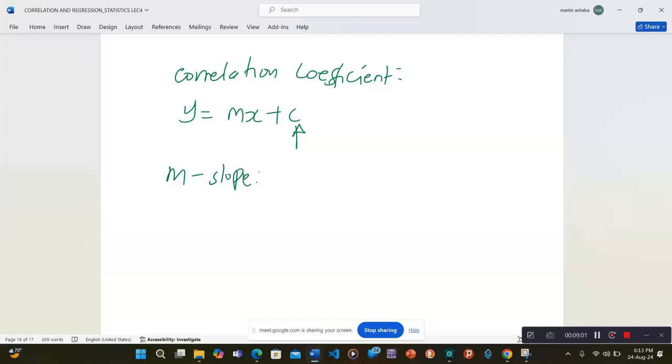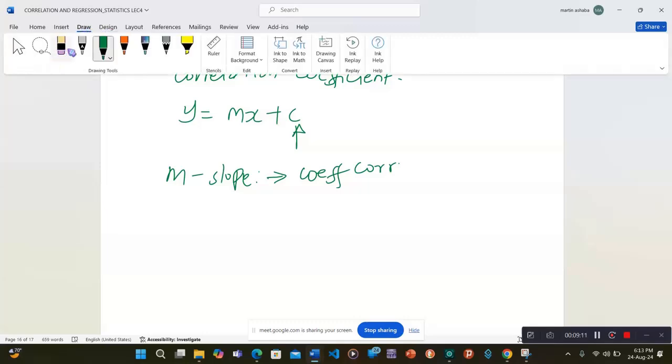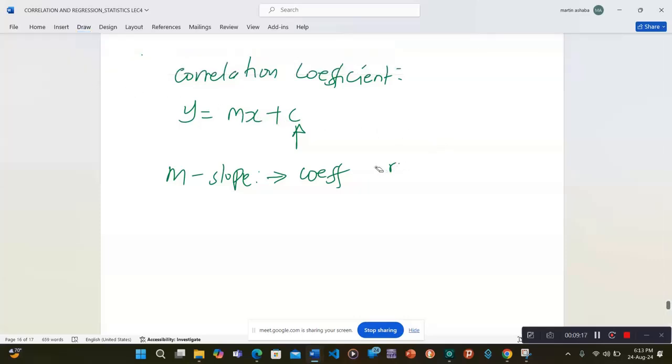But this slope is also called the coefficient of correlation, or the correlation coefficient for x.